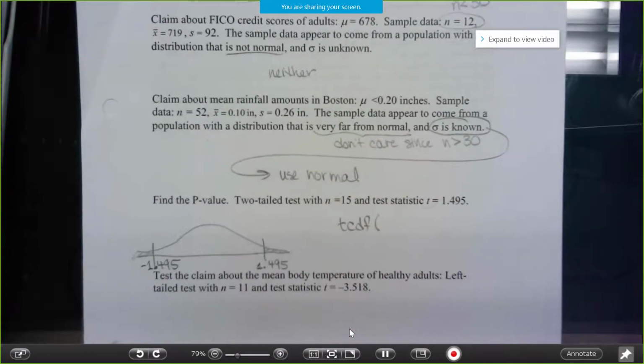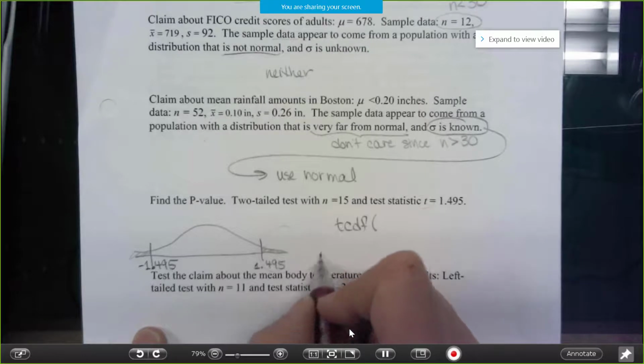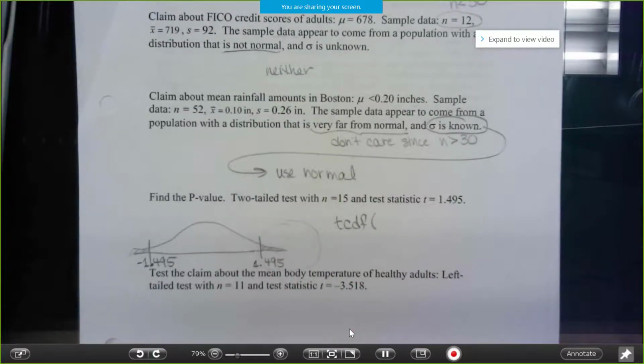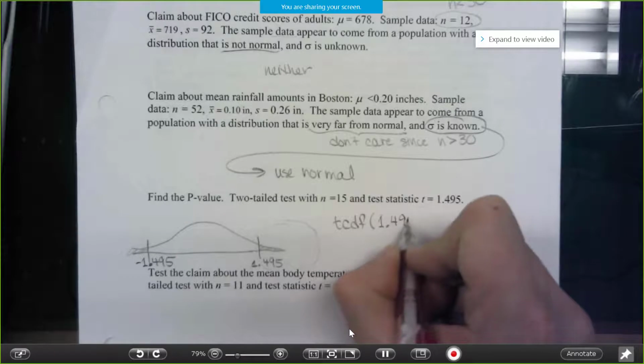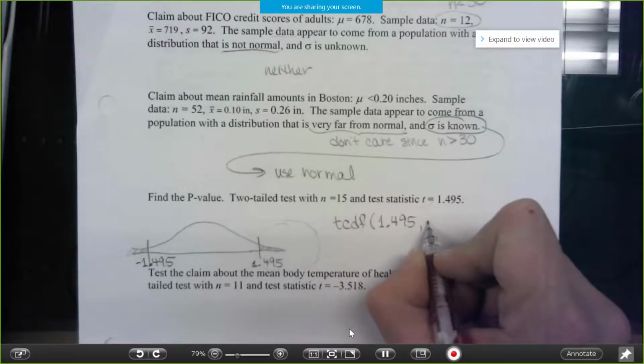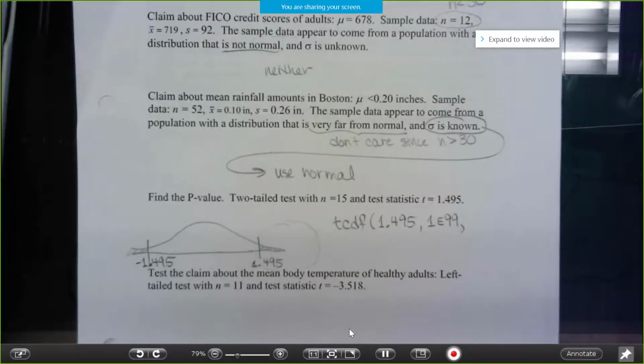And then it doesn't matter which tail you use. I like to keep my numbers positive, so I'm going to use the upper tail. So what would my lower be? 1.495. And then what would my upper be? 1E99. And then remember, with the t distribution, we have to do degrees of freedom. So what would degrees of freedom be?